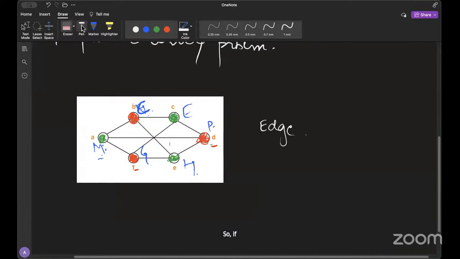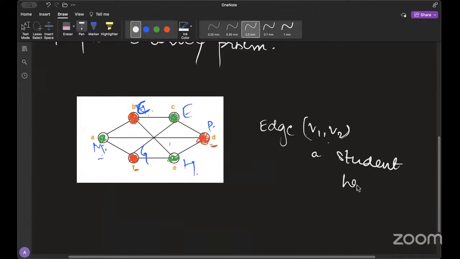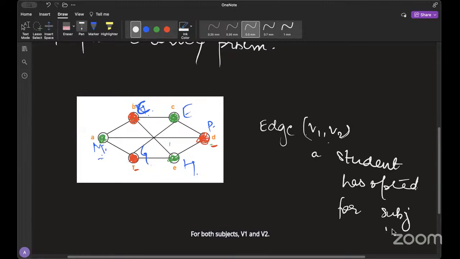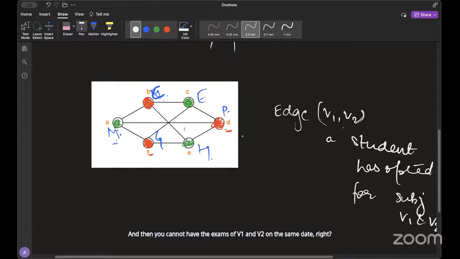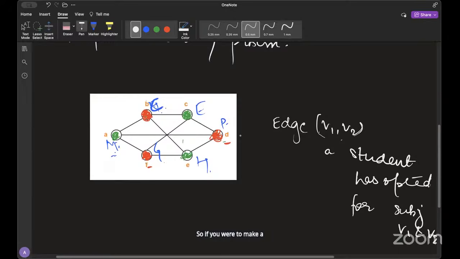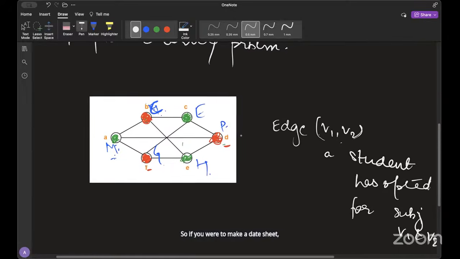So if you have edge V1, V2, that would mean a student has opted for both subjects V1 and V2. And then you cannot have the exams of V1 and V2 on the same date, right? So that's the idea.